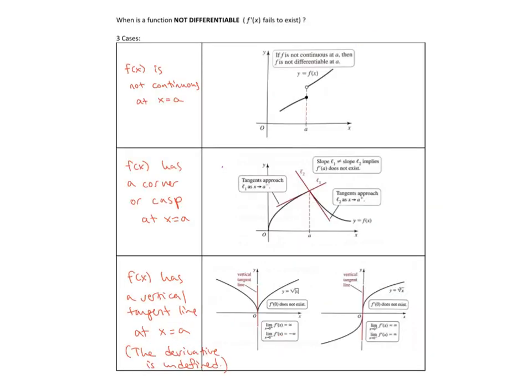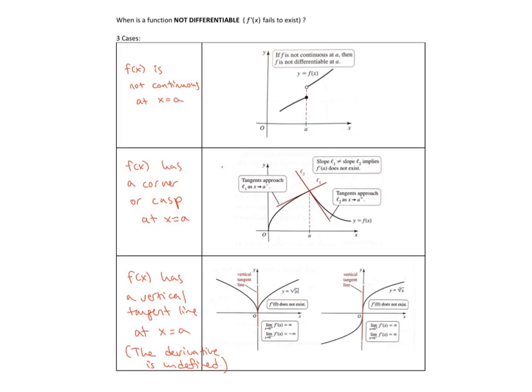Now there's three reasons that a function is not differentiable at a given x value. Those three reasons are: if the function is not continuous, it's not differentiable. If the function has a sharp corner or a sharp cusp, it's not differentiable. Or if the function has a vertical tangent line at that x value.